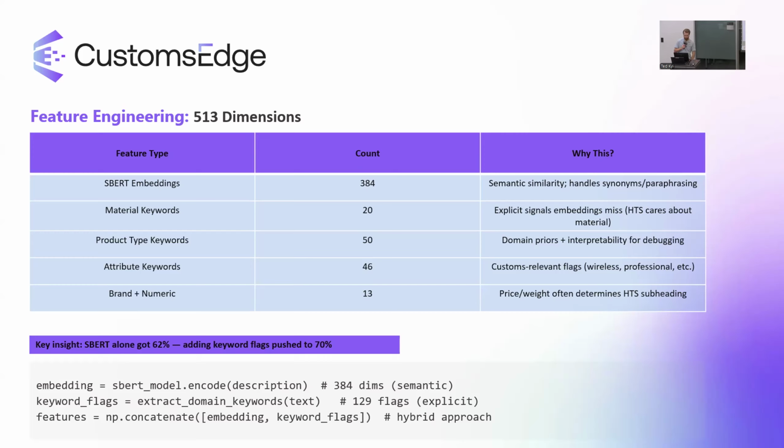And all of this comes together to hopefully get some decent performance where we are accurately classifying within our chapter subset, because that's the live production vertical focus. We get these HTS codes out of just a product description and an enriched record of all those extra details like brand and weight.